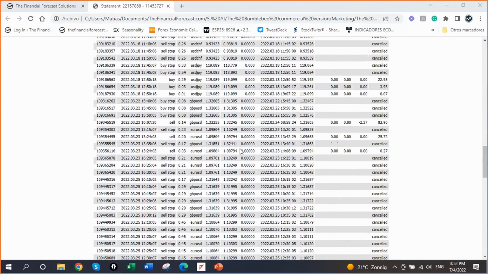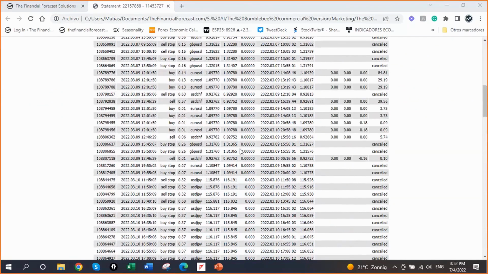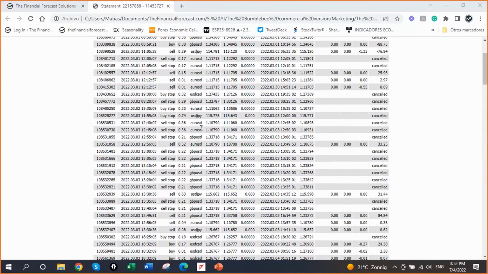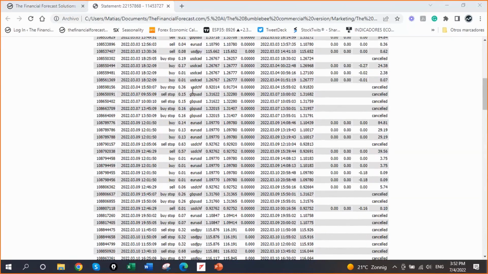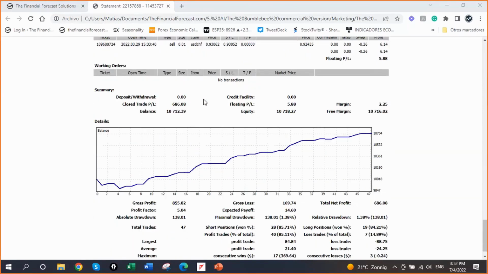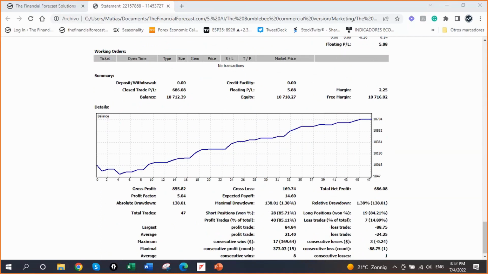We have different instruments set with simple strategies: the pound, the US dollar, the Euro GBP, Euro dollar, US CAD, US Swiss franc. So many of them, simple strategies. And this is what we got during the live test. Really excellent results. We have a profit factor of 5.04 and accuracy of 85%. Really, really good, using this tool that is the Bumblebee Strategy Builder.